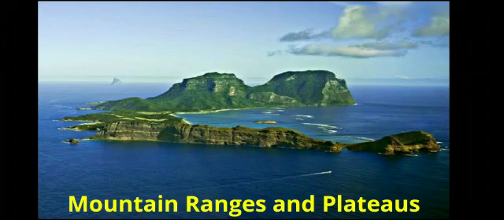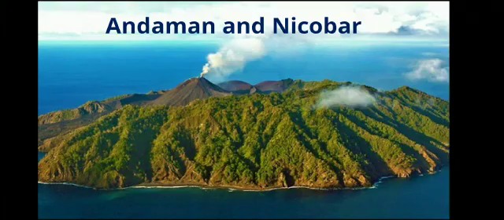The peaks of some hills rise up from the sea level. They are visible to us as marine islands. Near India in the Indian Ocean, we can see the Andaman and Nicobar Islands. They are called mountain ranges.